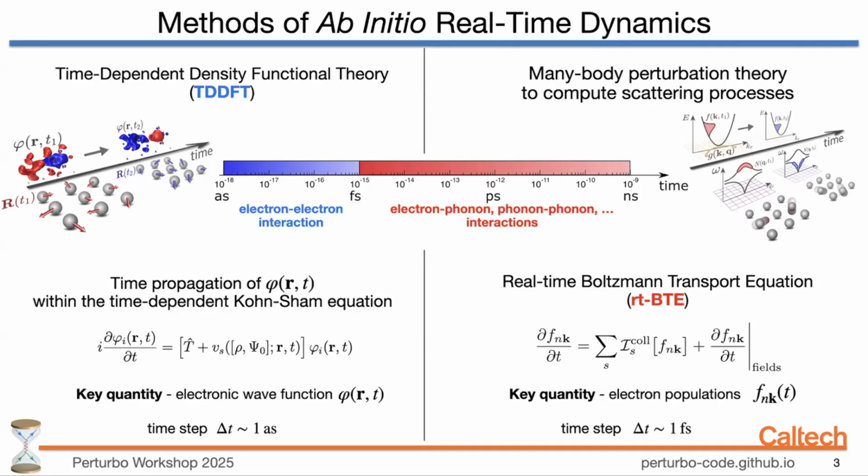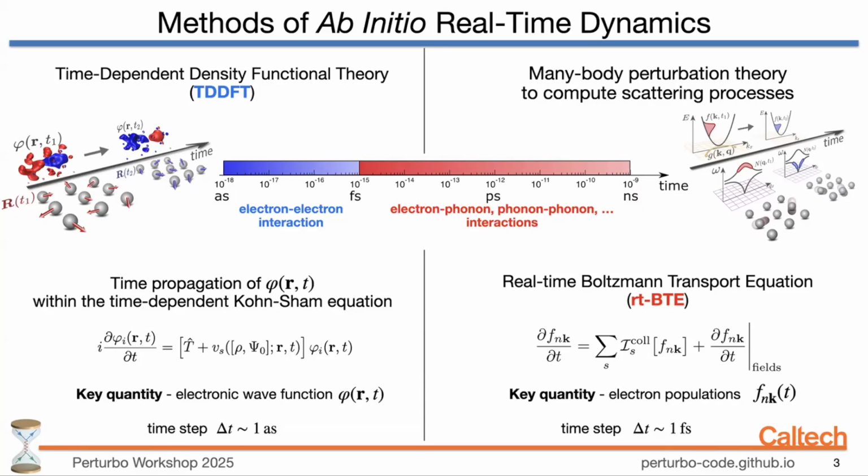The key quantity here is not the electronic wave function. We do compute many first principle inputs from DFT, but this is not directly simulated. The electronic wave function is not directly time evolved in the Boltzmann transport equation. The key quantity instead is f_nk, the electronic populations as a function of time.